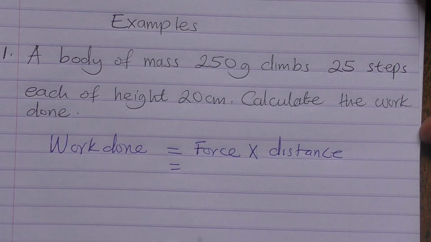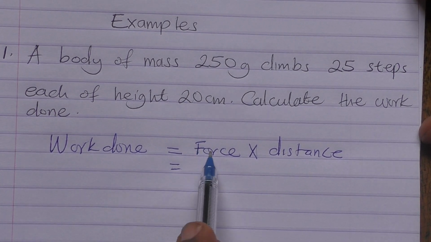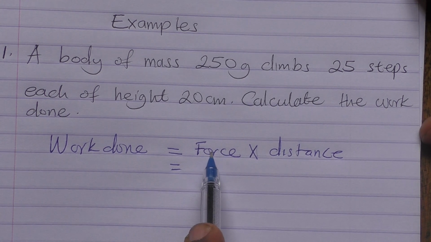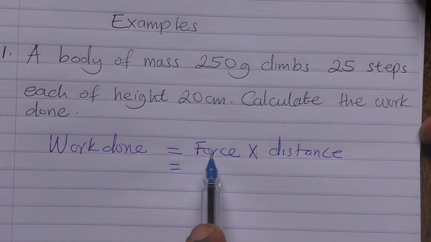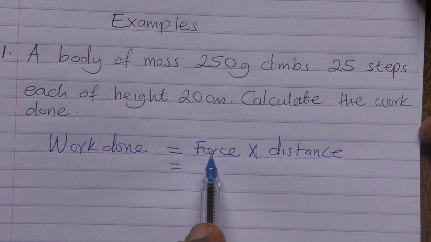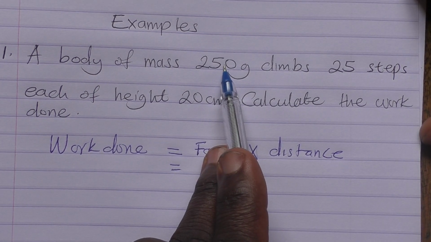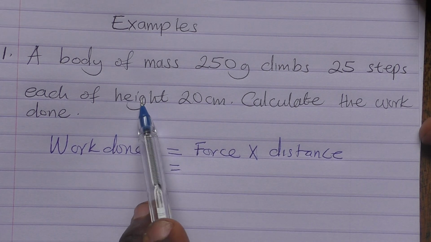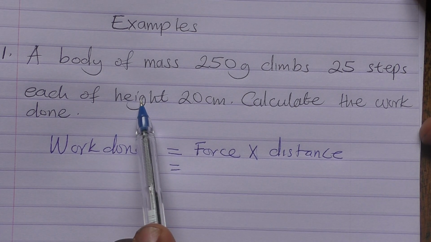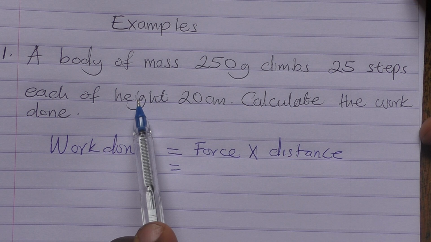And therefore, from force, we know that force is given by mass times the acceleration. So we have the mass, and since we are looking at height, it means that motion was vertical.